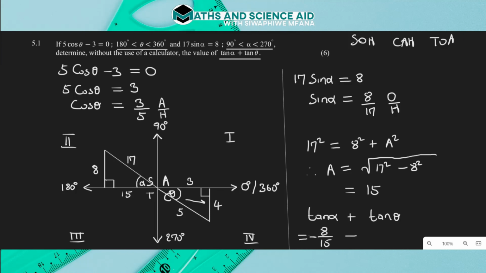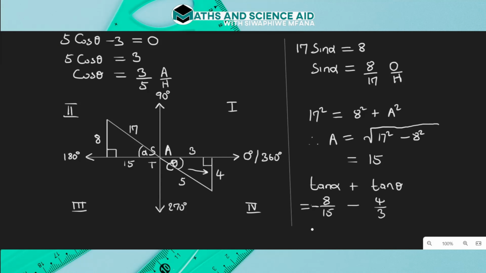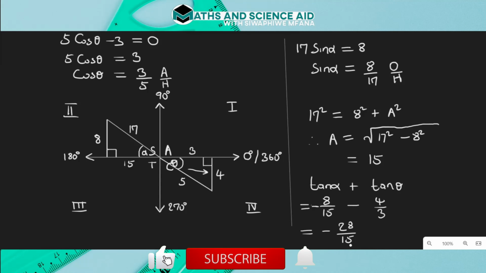So there is our opposite and there is our adjacent. So this will be equal to 4 over 3. And so, although you are not allowed to use a calculator, you can freely use it from this step. And so this would give you negative 28 over 15. But you must just leave your answer like this as a fraction. Obviously, because you are not using a calculator.